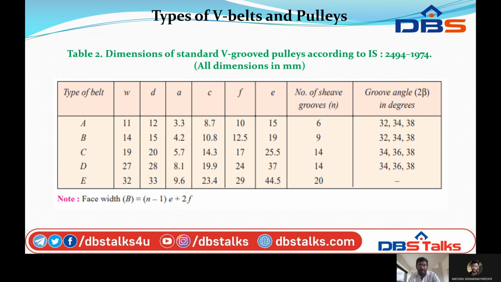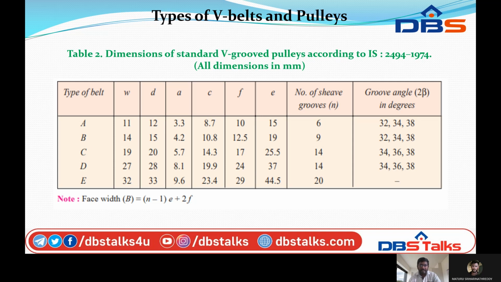In the V belt, width 14, diameter 15, cross-sectional area 4.2, center 10.8, load 12.5, eccentric 19, number of grooves 9, groove angle 32, 34, 38. So this is the range of the angle, between 32 to 38.